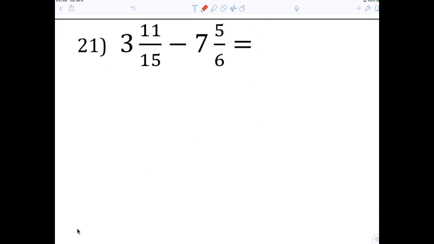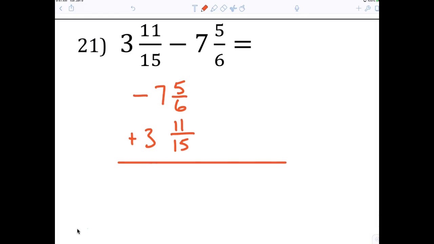All right, another good problem here. Am I adding or subtracting? Subtracting. What number goes on top? The largest whole number. So we're going to put negative 7 and 5/6 plus 3 and 11 over 15. All right? Common denominator is 30.